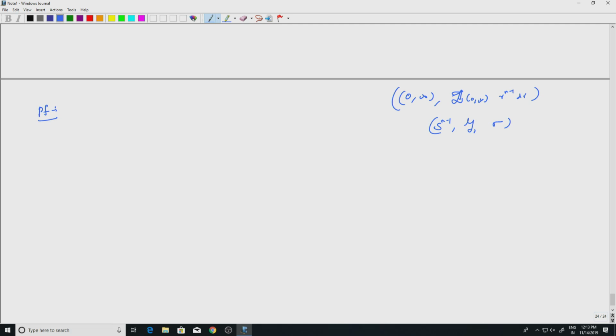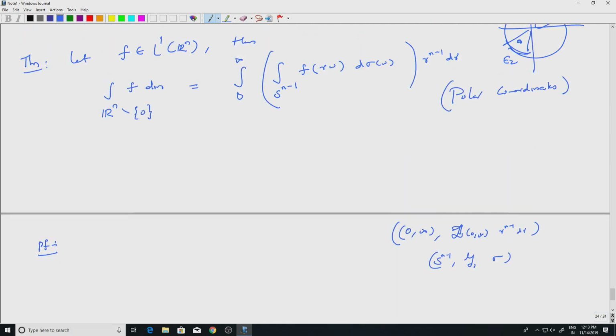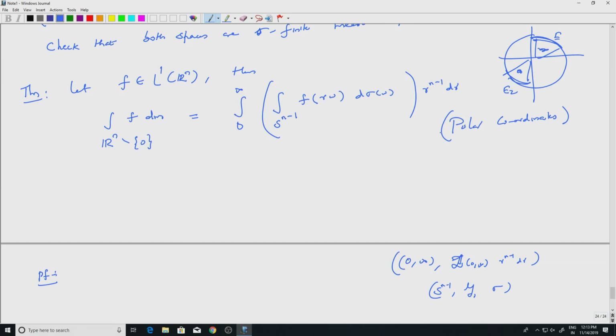As in all such proofs, since f is in L1, we prove this result for f equal to chi_E, where E is a Lebesgue set.